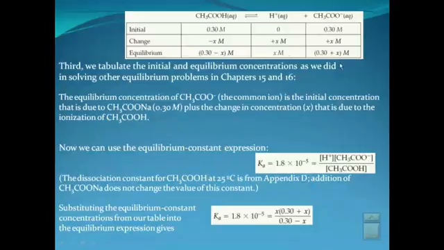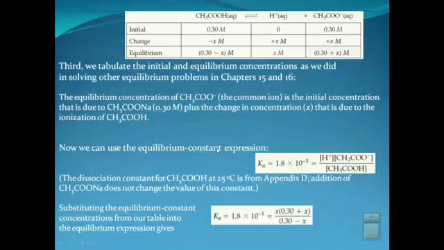Obviously we're going to need a Ka value for this, so we're going to need to look this guy up. It says, third, we tabulated the initial and equilibrium concentrations as we did in the previous examples in chapters 15 and 16. It says the equilibrium concentration of your acetate ion is the initial concentration due to the sodium acetate, plus any change that you get from the acetic acid.